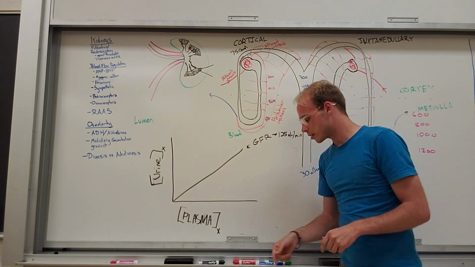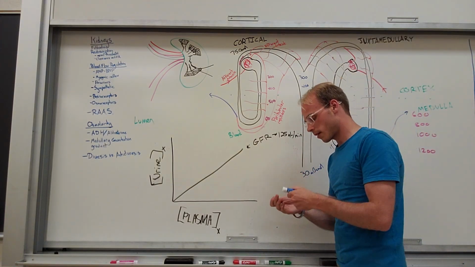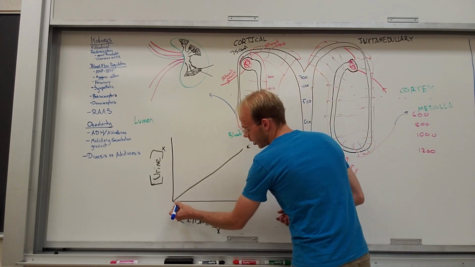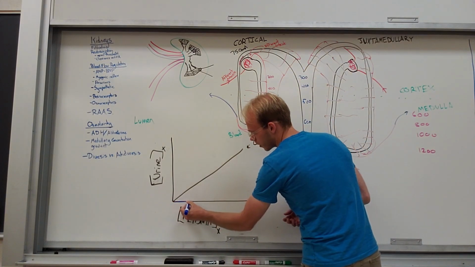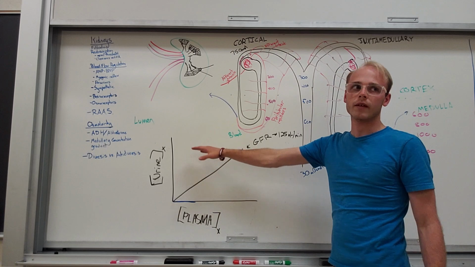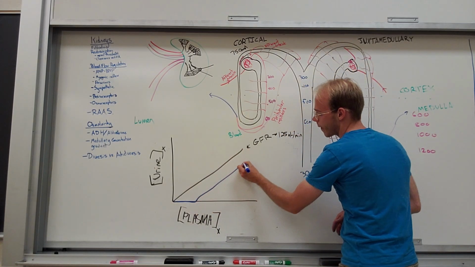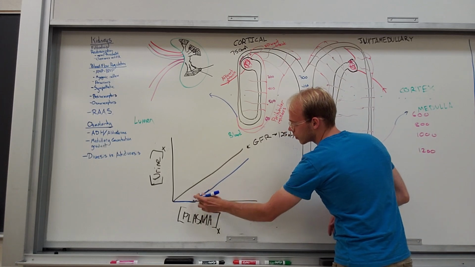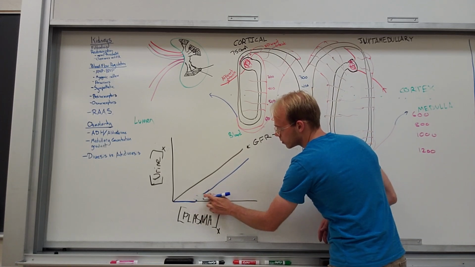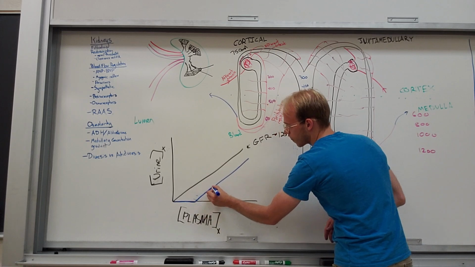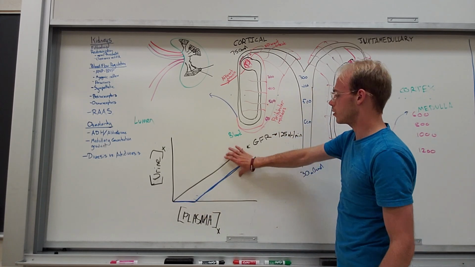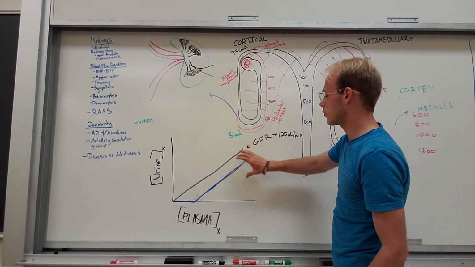There are some things where, as we increase our concentration in the plasma, we don't find any in the urine until some point, and then it ends up being parallel to our line for inulin.